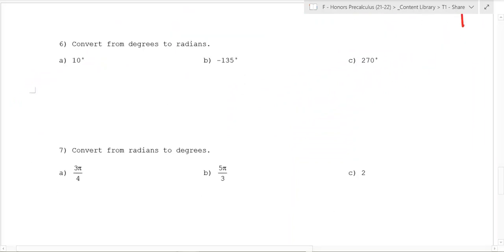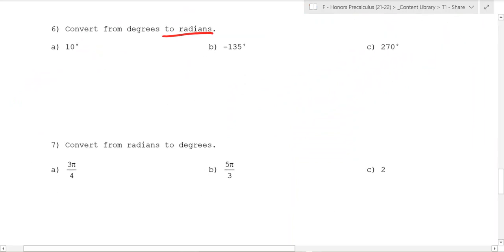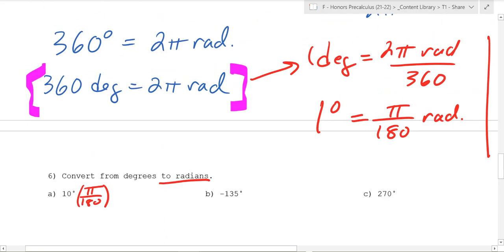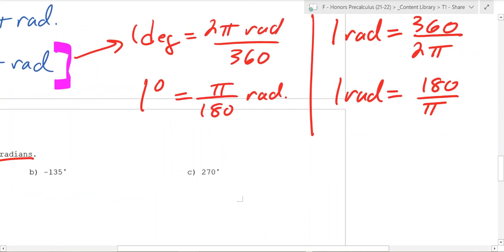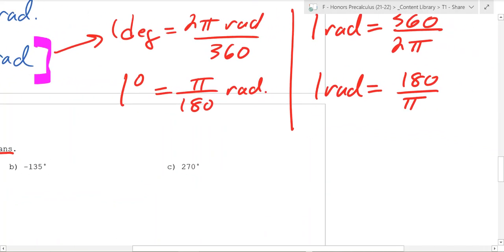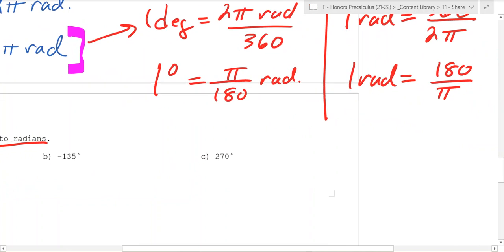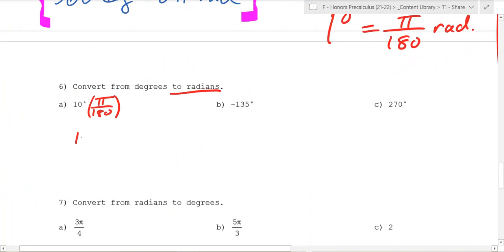So if we're converting from 10 degrees to radians, you multiply literally just by pi over 180. You multiply by pi over 180 to go to radians, and you get that from here. So you end up with 10 pi over 180.